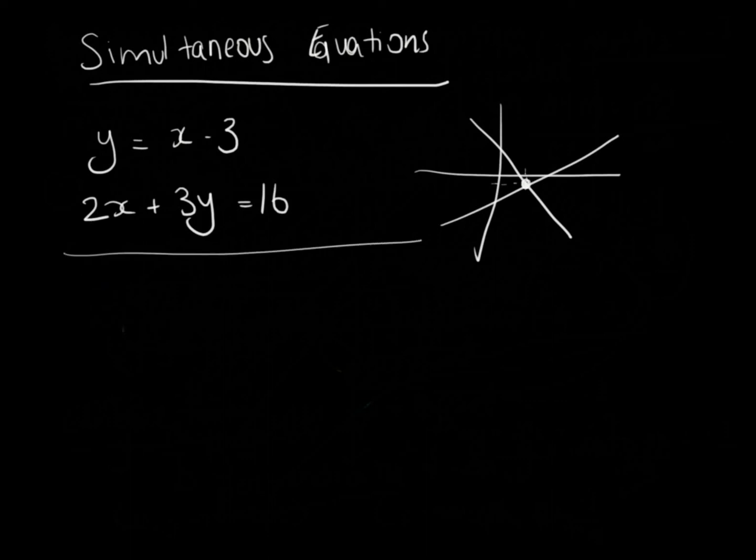So using algebra, here we know that y equals x minus 3, and if we substitute that in, this would give us an equation in just x, and we can solve that to get a value of x and then plug that in here to get a value of y, and that would just give us a solution to this set of equations as well.